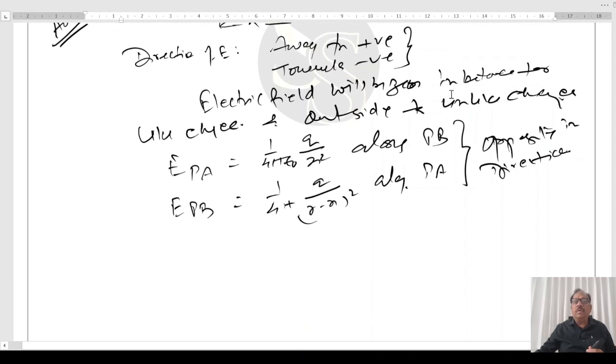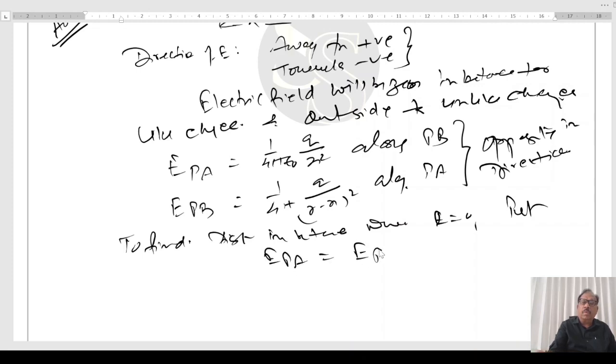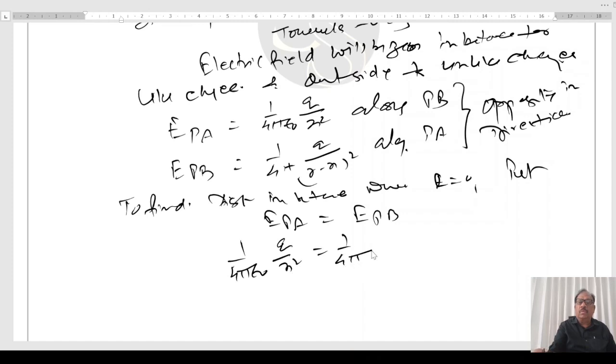Now, to find the distance in between where the field is equal to 0, put E_PA equal to E_PB. 1 over 4 pi epsilon naught Q upon x square equals 1 over 4 pi epsilon naught 3Q upon (r minus x) whole square.